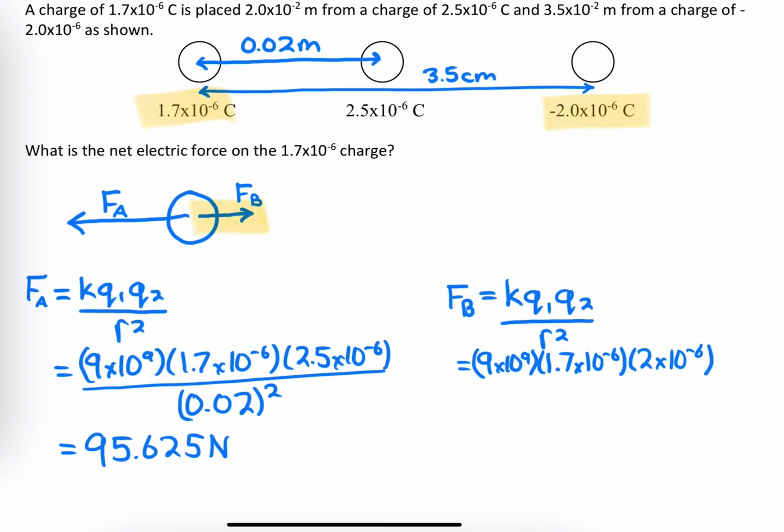So I've already used the fact that that's negative. Now I'm just working on the magnitude of this charge. So I use the polarity to find the direction, and now I'm going to use the magnitude, not the polarity, to find the magnitude of the force.